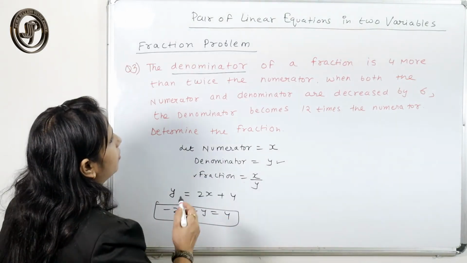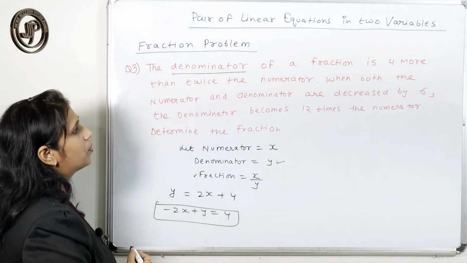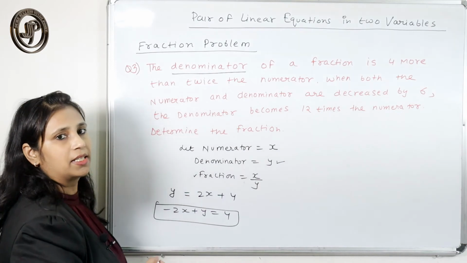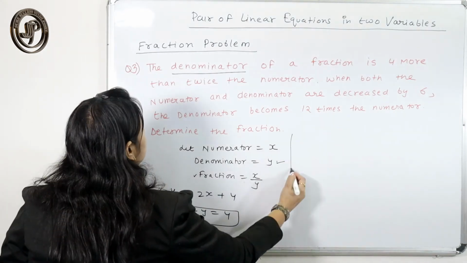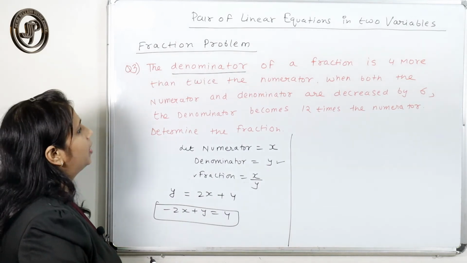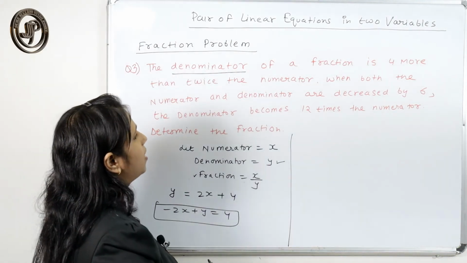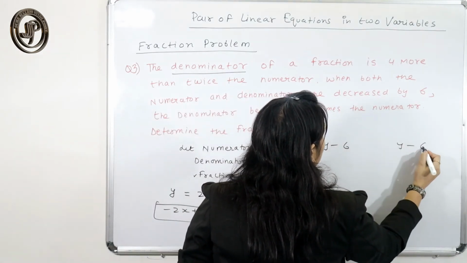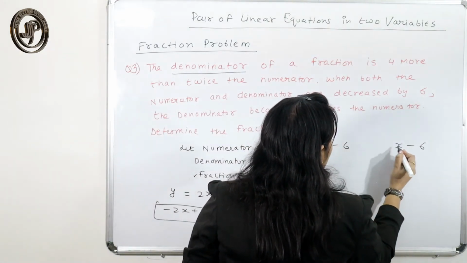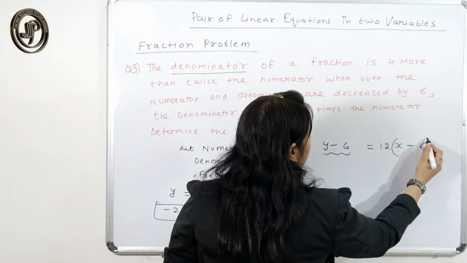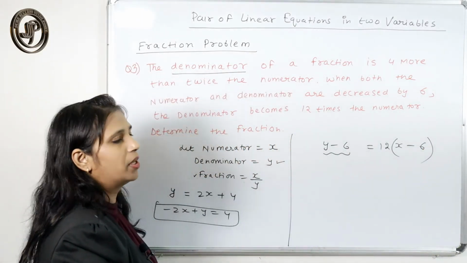Now the second condition says when both numerator and denominator are decreased by 6, the denominator becomes 12 times the numerator. First I decrease both by 6, then the denominator becomes 12 times the numerator.